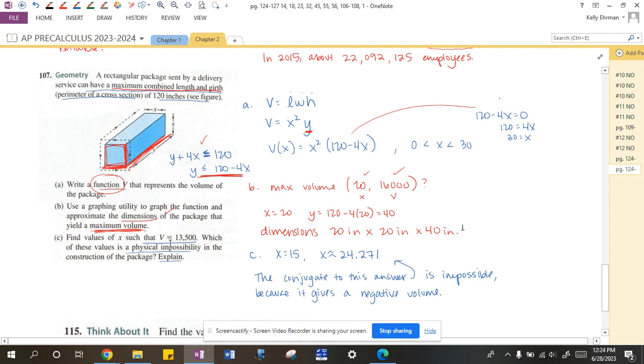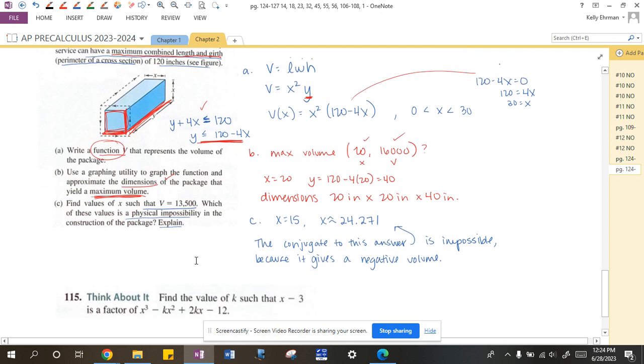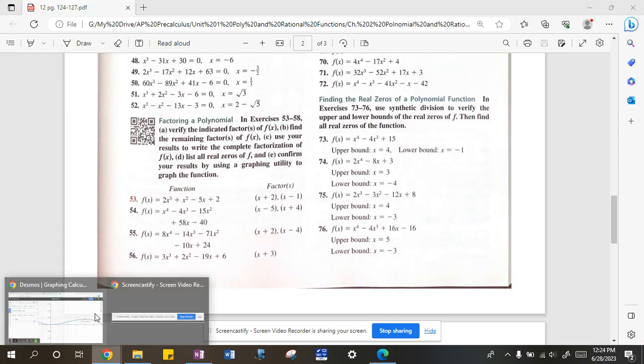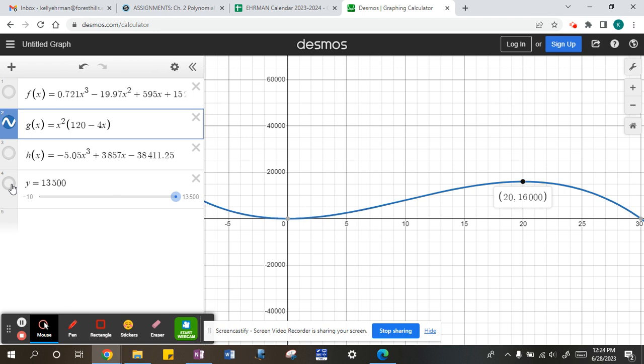And finally, find the values such that the volume is 13,500. Now this one I kind of half did again because I was running out of time on my homework assignments, but on my graphing calculator, I can put 13,500 into y2. If I do it this way, if I don't solve algebraically, and I'm on my 0 to 30 domain, I'm not going to get any extra answers.